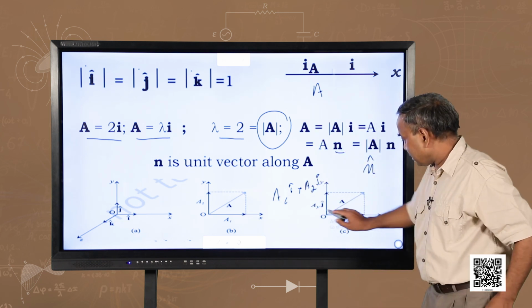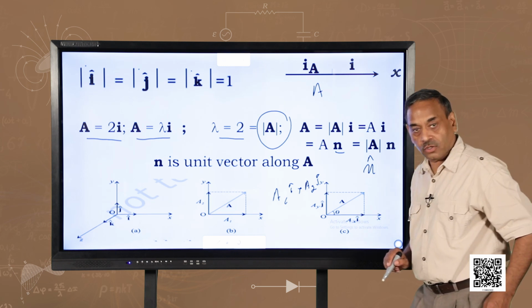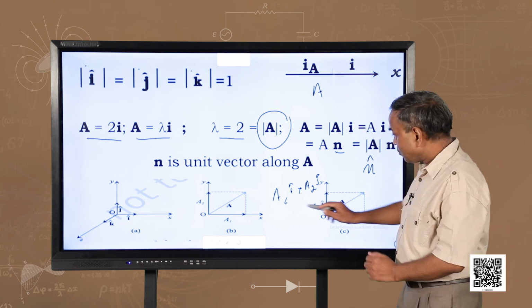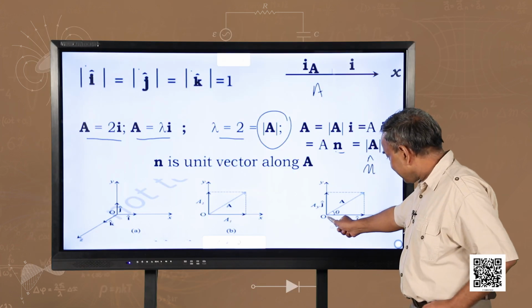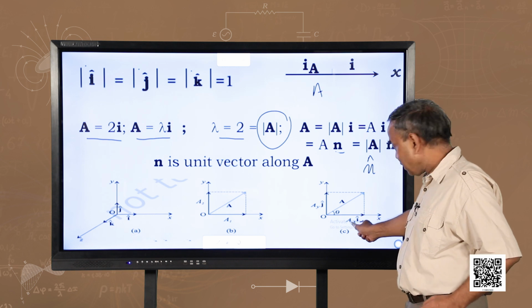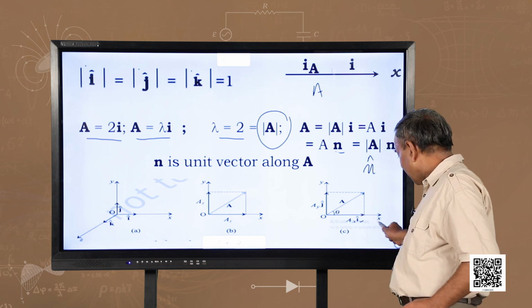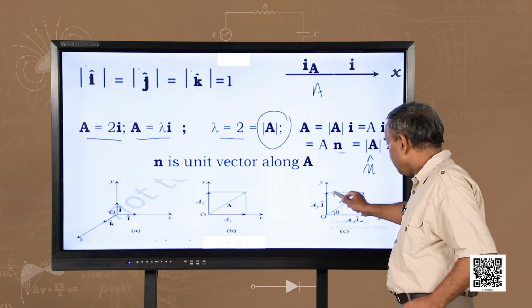Like this. Now this vector is making an angle. Here you see a vector A which has component A1 along the x axis and component A2 along the y axis. Along the x axis the vector will be Ax i, this is the resolution of vector A along the x axis, and Ay j.